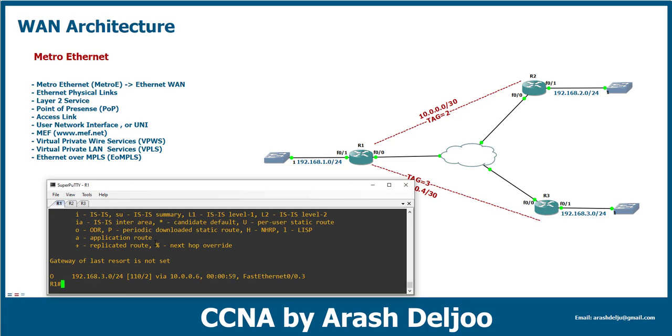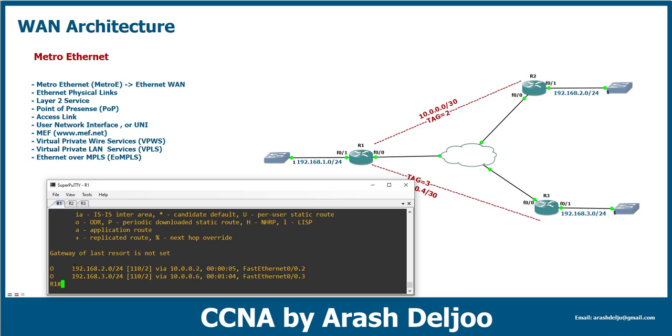After some seconds we will receive 192.168.2.0/24. As you can see, now we are receiving 192.168.2.0 on one interface, FastEthernet 0/2, and 192.168.3.0/24 on another interface.